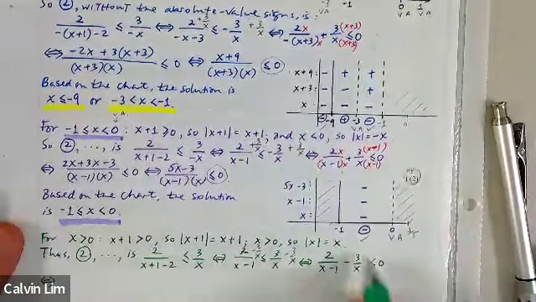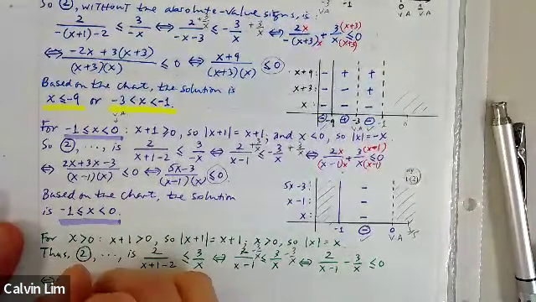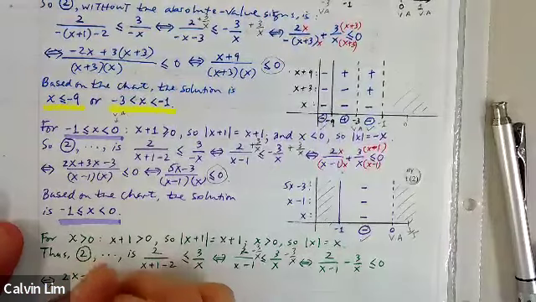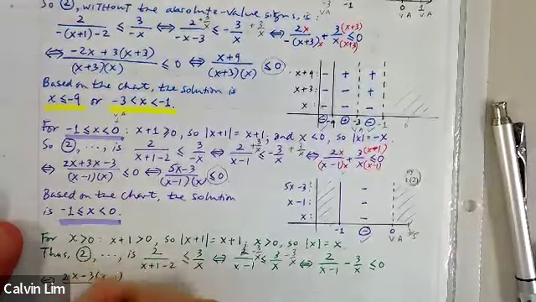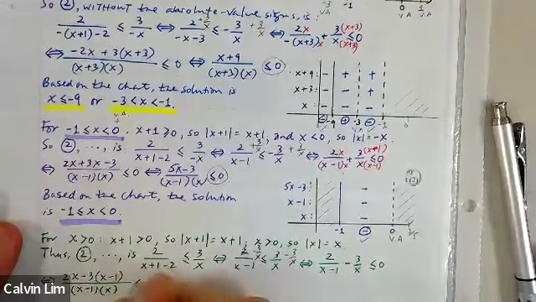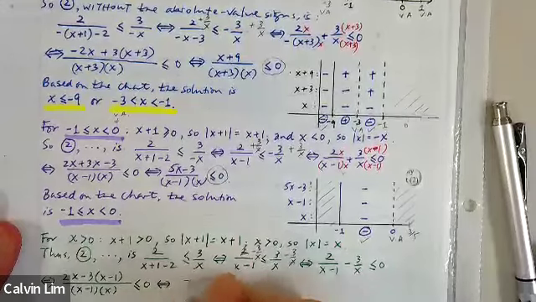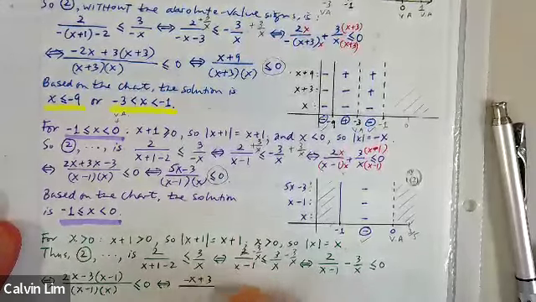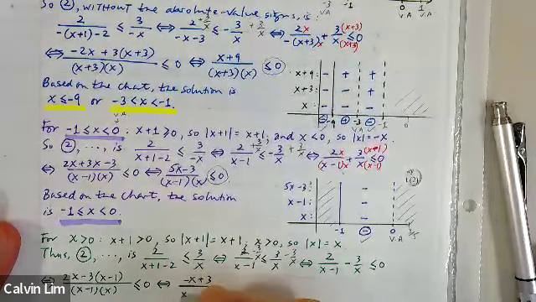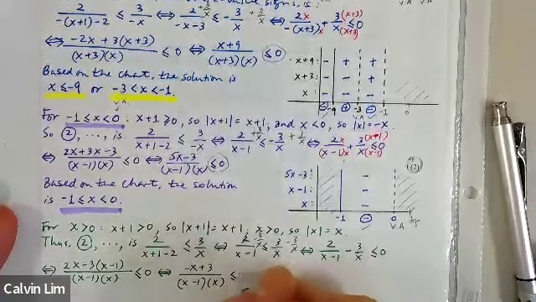And of course, I can consolidate these two fractions to give me 2x minus 3 times x minus 1 over x minus 1 times x is less than or equal to 0. Simplifying gives me negative x plus 3 over x minus 1 times x is less than or equal to 0.